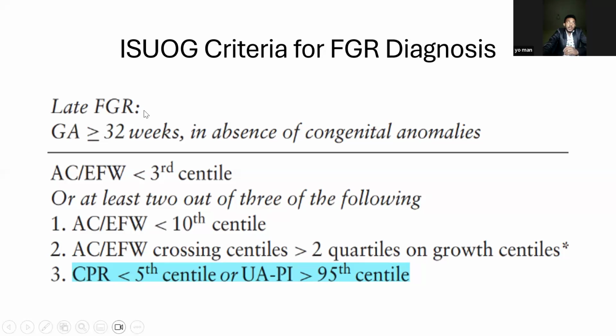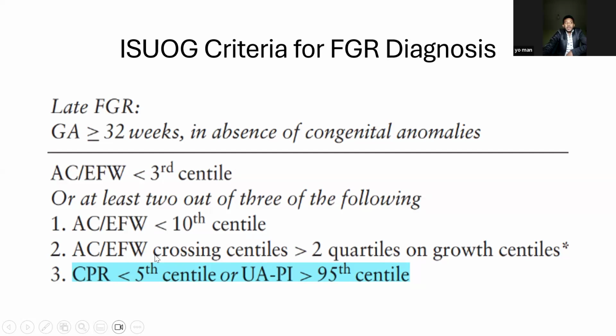But in late FGR, if the AC or estimated fetal weight was less than 10 centile, okay, at least two criteria must be fulfilled to call the fetus late FGR. The first is the AC or estimated fetal weight must be less than 10 percentile, or in combination of one or the two, okay?